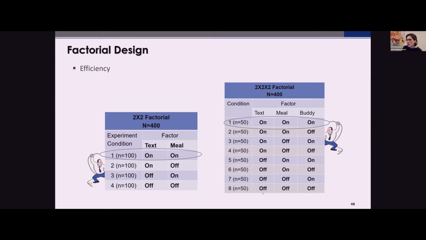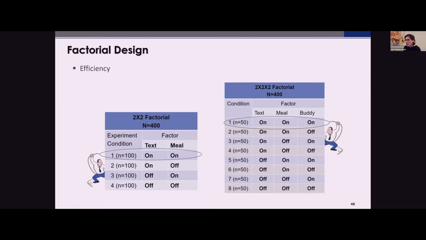If your primary scientific question is compare the full package to control, everything on versus everything off, the most efficient design for you would be a standard randomized control trial comparing the full package to control. But if you're interested in answering questions about the selection of components, remember, each question was based on comparing half of the sample versus the other half. You would size it just in the same way that you size a 2-arm trial, right?